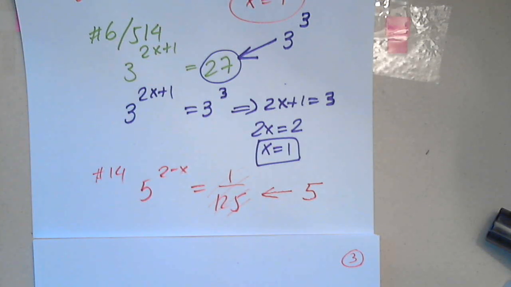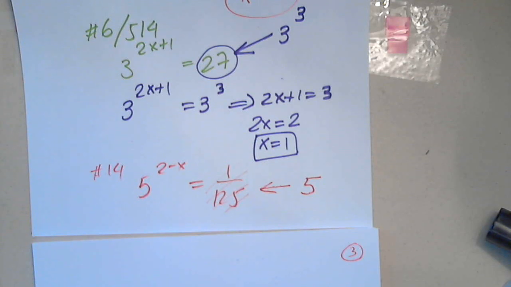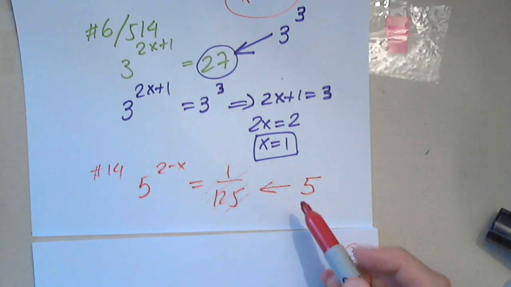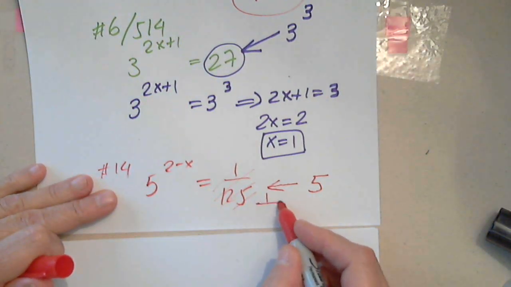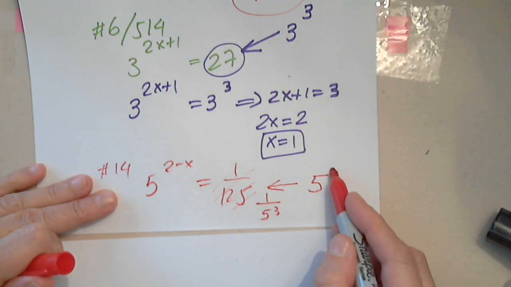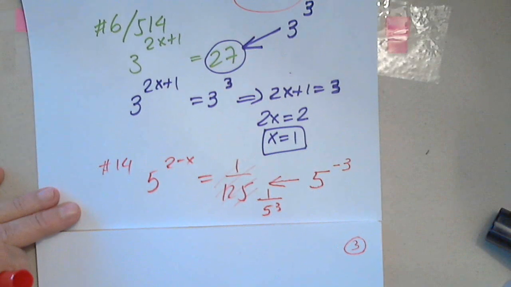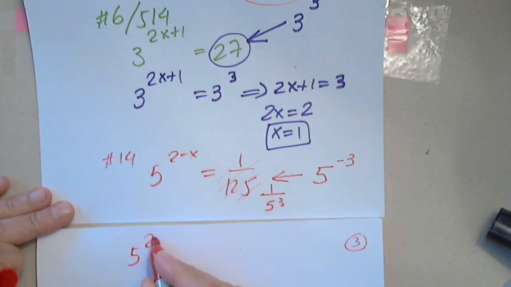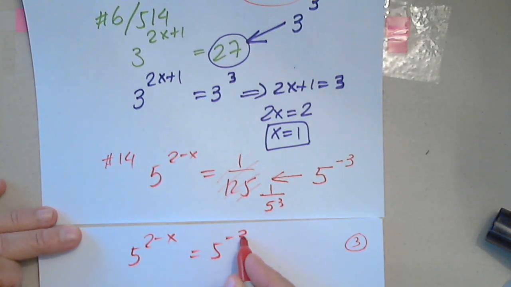So how do I change the right-hand side? Oh, 1 over 5 to the... Yes, it is indeed, you're correct. So it's 1 over 5 to the third power, or 5 to negative 3. Excellent. So this is 5 to 2 minus x equals 5 to negative 3.